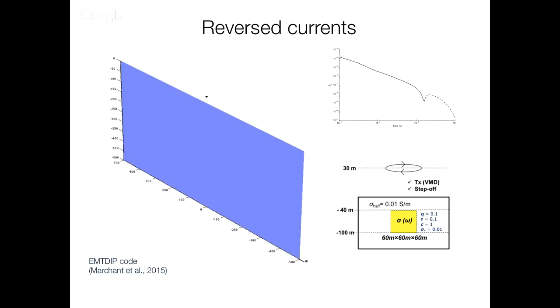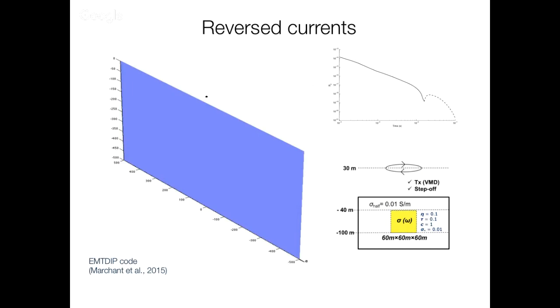So how does all this work? Here's a sort of synthetic example. We've got a conductive chargeable block that's sitting in here, so it's 60 meters cubed, buried 40 meters, background's 0.1 Siemens per meter, and we're going to now look at how all this works.